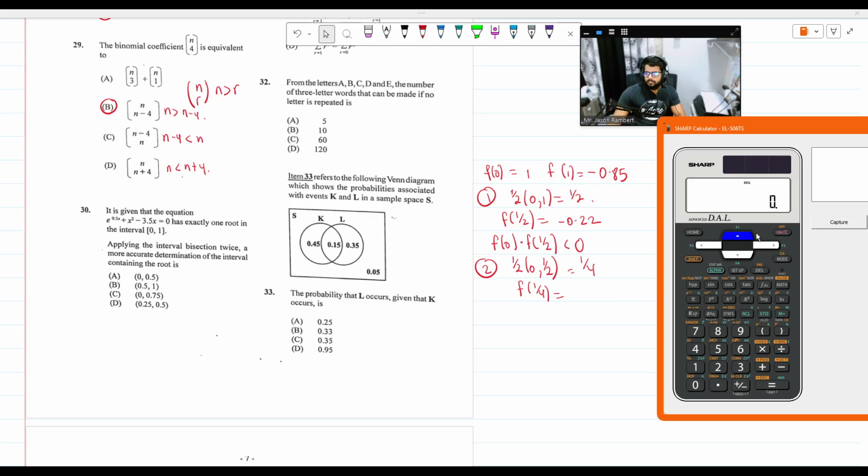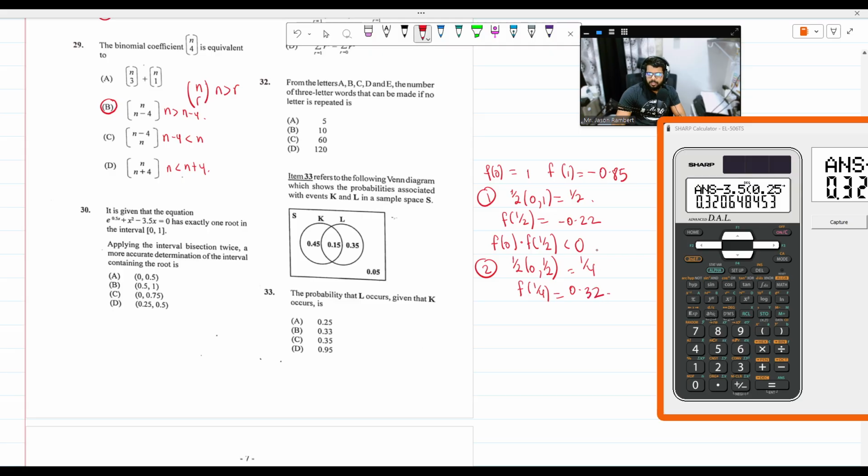I have to write it down again. e to the power of 0.25 by 0.5 plus 0.25 squared minus 3.5 by 0.25, which is positive, 0.32.